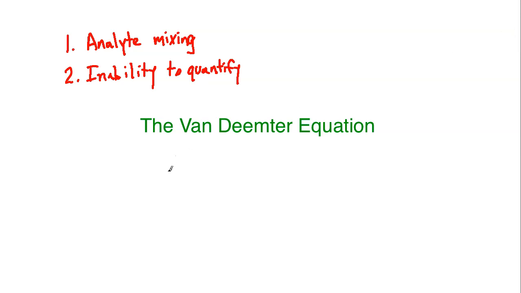And there are 4 variables that play into the broadening effect. So what we can do is say H is going to generally represent the broadening effect. So the larger H becomes, the greater the broadening effects are going to be. H equals A plus B divided by U plus C times U. And this is our equation here that's going to help explain the broadening effect.